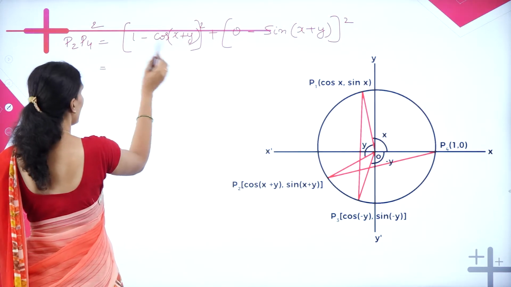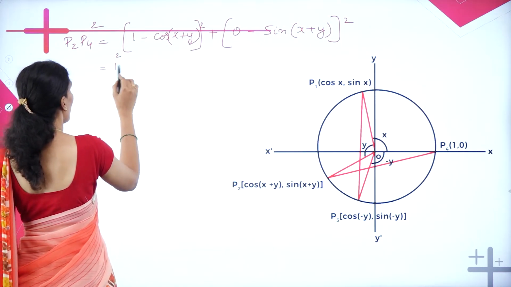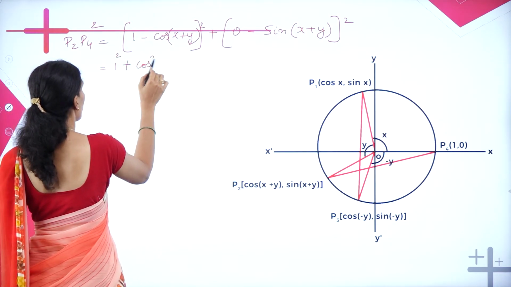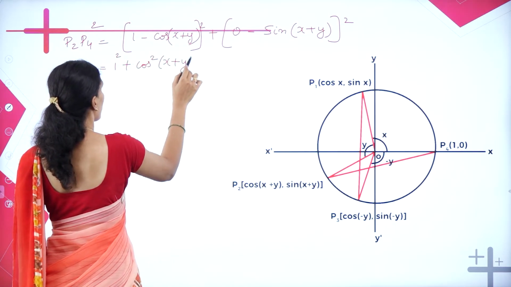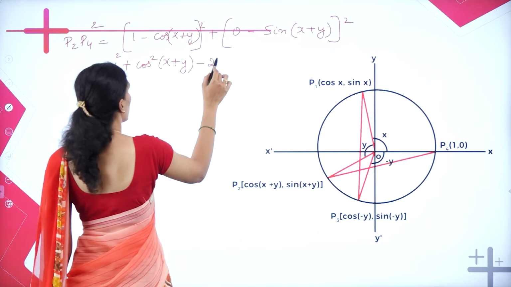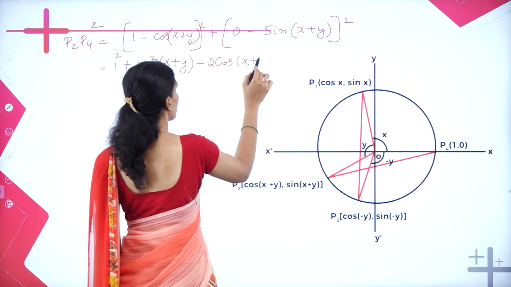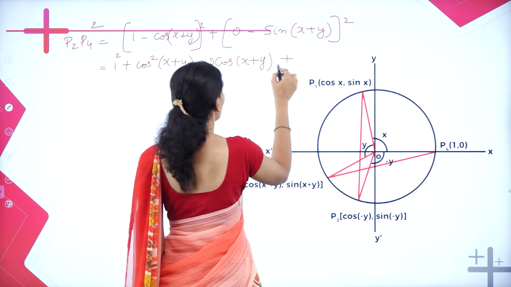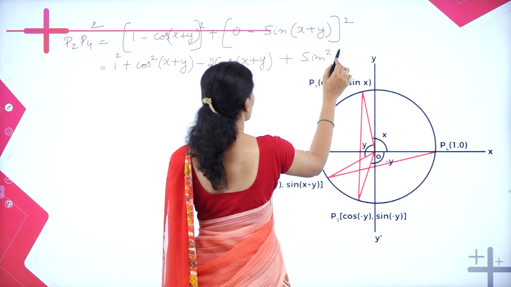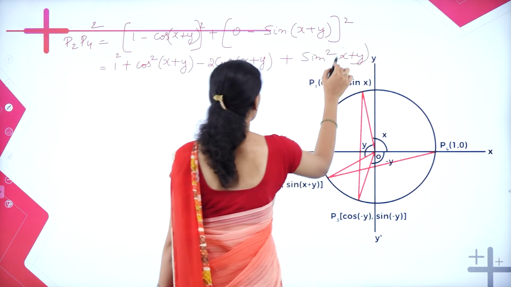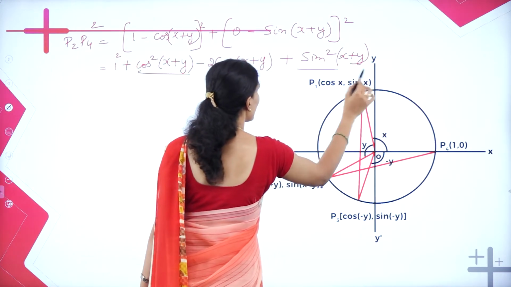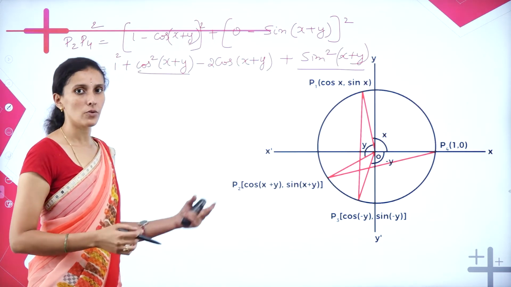So this is now again the (a minus b) whole square formula. 1 square plus cos square (x plus y) minus 2 cos of (x plus y), and this zero square is nothing, so this is sin square (x plus y). Now observe this, cos square (x plus y) plus sin square (x plus y) is in the form of cos square plus sin square.